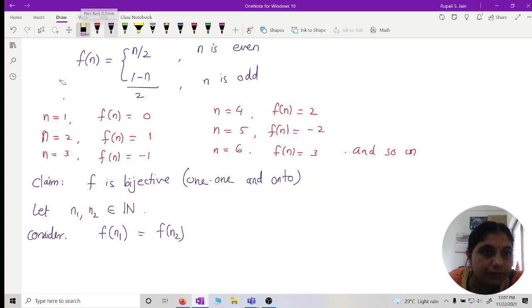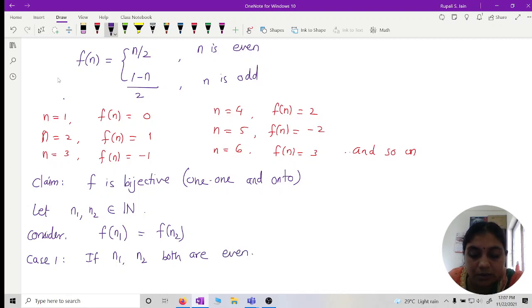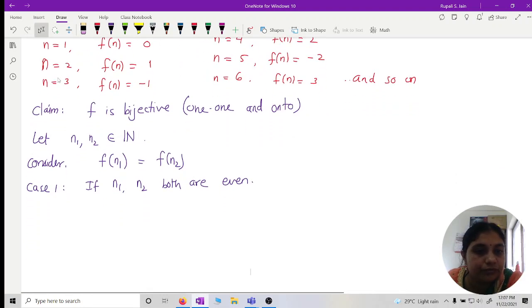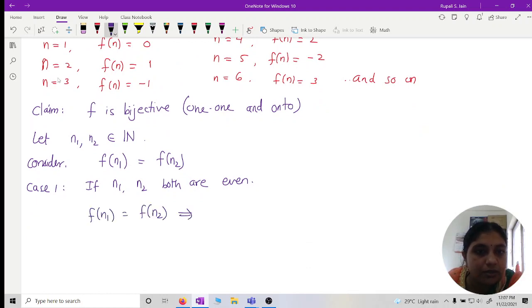Case 1: if n1 and n2 both are even, then f of n1 is equal to f of n2 implies n1 by 2 is equal to n2 by 2, and this implies n1 is equal to n2.